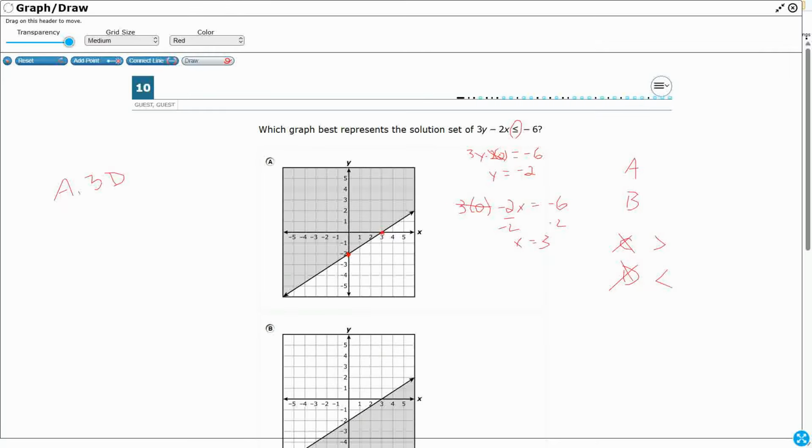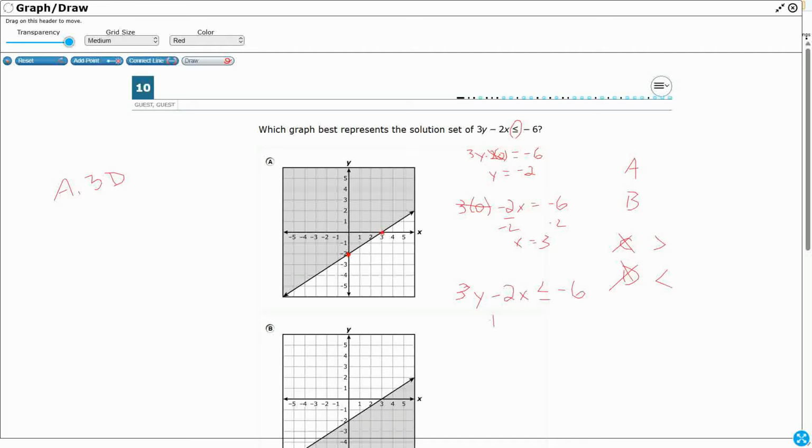Well, let's look at this in slope-intercept form. So we're going to take our 3y minus 2x less than or equal to negative 6. And we have to look at it in slope-intercept form because if we multiply or divide by a negative coefficient, we end up flipping the inequality.